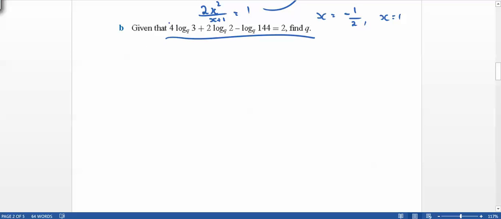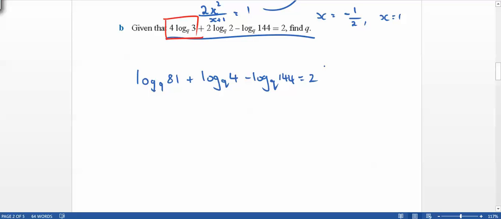Looking at this expression here, that's the same as log to the base cube of 3 to the power of 4, which we discussed before, plus log to the base cube of 2 squared, which is 4, minus log to the base cube of 144 is equal to 2.